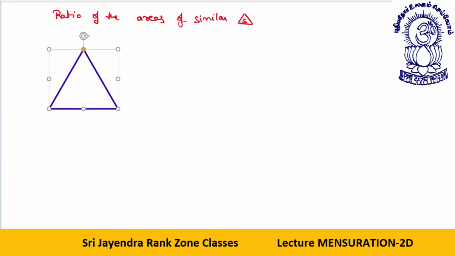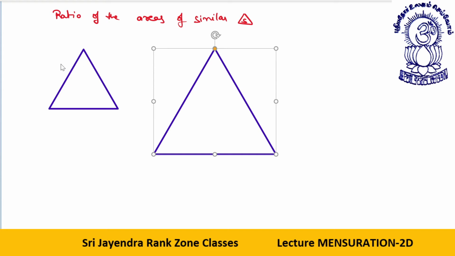This is the first triangle. This I take as a second triangle. Now, let's say the sides of this triangle measure A, B, and this measures D, E, F.